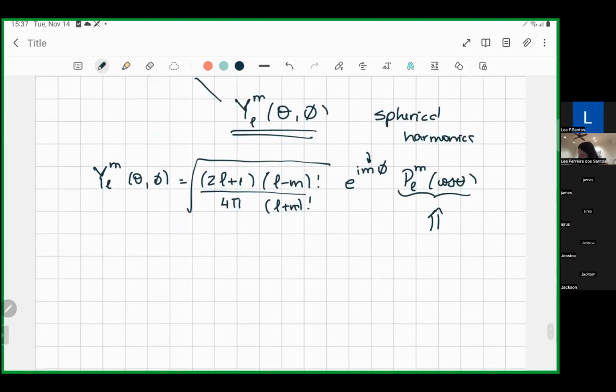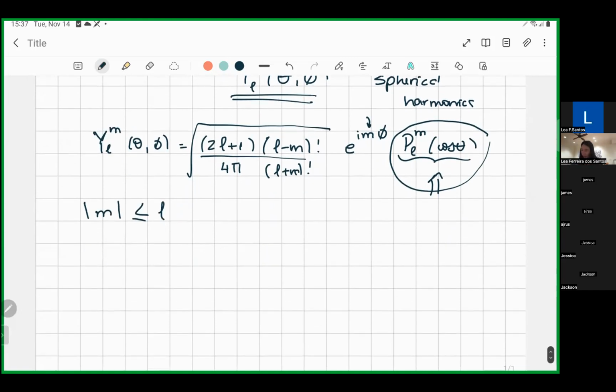What else did we say about this one? That integer M, since to obtain this function there are some derivatives, and you can look back in the book, this M could not be any integer. It was limited by the value of L, because if we go beyond that, then the derivatives would just give us 0.